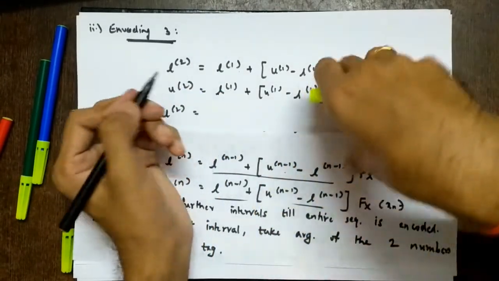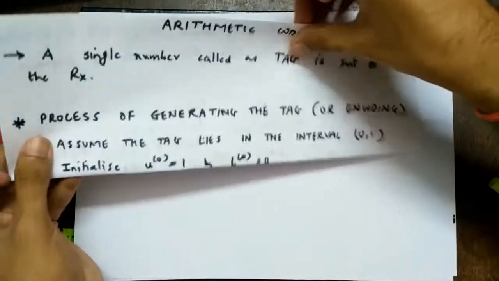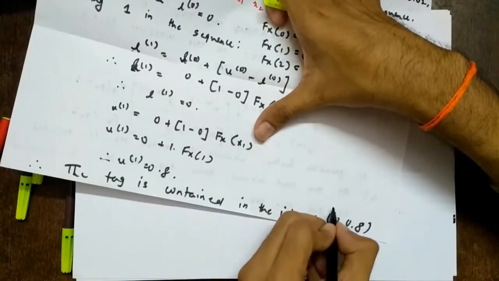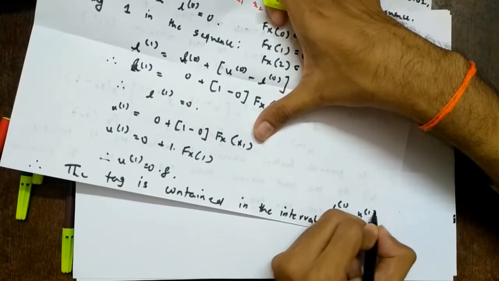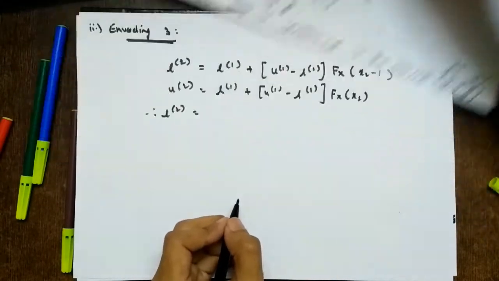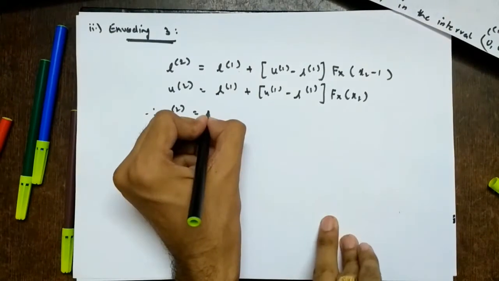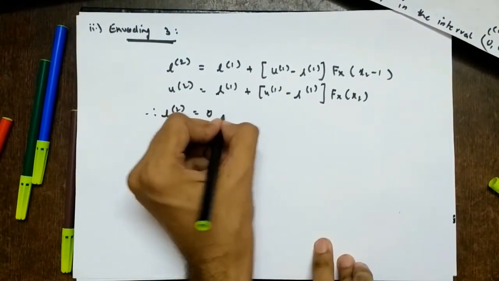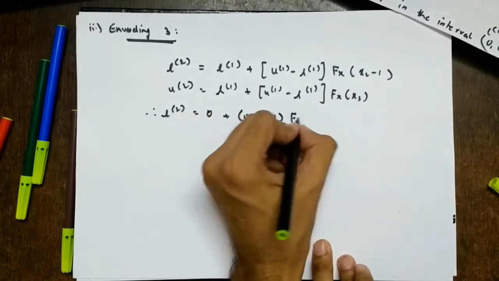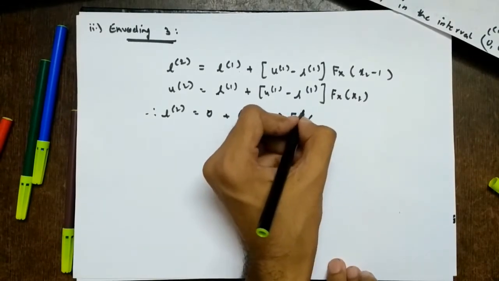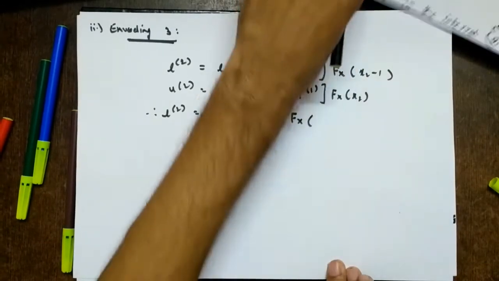So what are L1 and U1? You have got the interval 0 and 0.8. So this is the lower limit, this is L1. This is the upper limit, this is U1. So 0 plus 0.8 minus 0 into Fx of x2 minus 1.